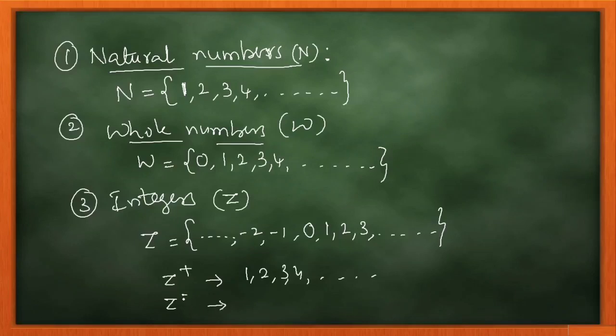Negative integers are denoted by Z minus: minus 1, minus 2, minus 3 and so on. And 0, which is non-negative and non-positive, is denoted by Z star. So this is about natural numbers, whole numbers and integers.